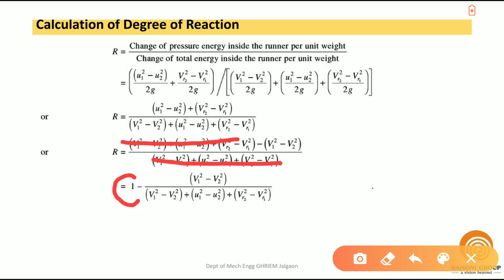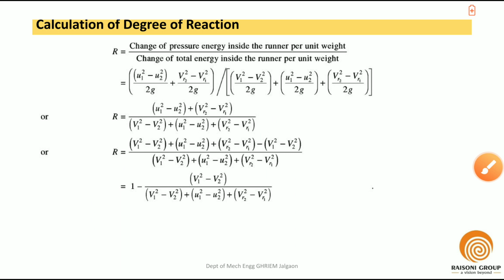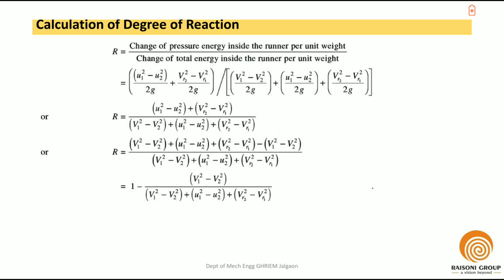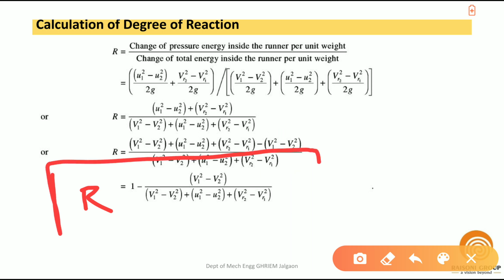Hence it is equal to 1 minus V1 square minus V2 square divided by these whole three terms. So the expression for the degree of reaction is R is equal to 1 minus V1 square minus V2 square divided by V1 square minus V2 square plus u1 square minus u2 square plus Vr2 square minus Vr1 square.